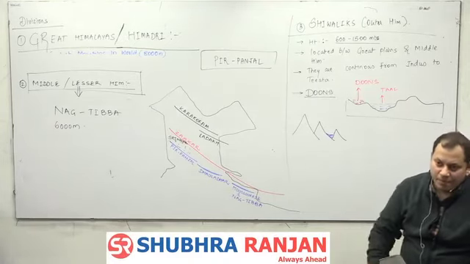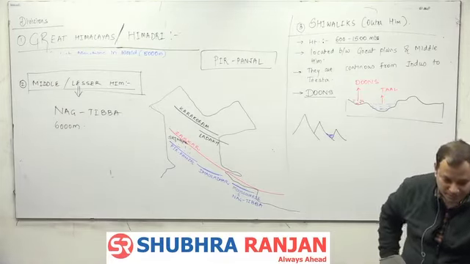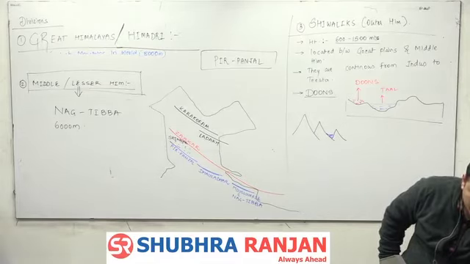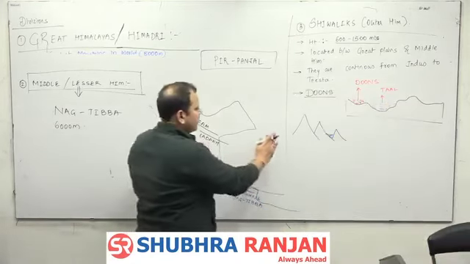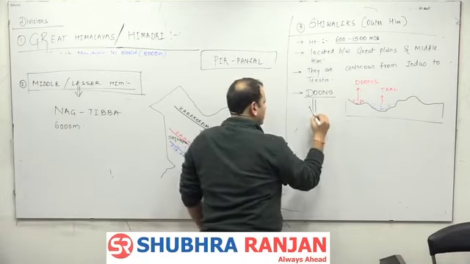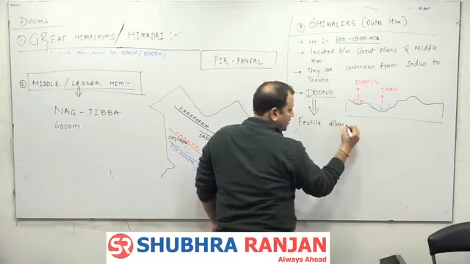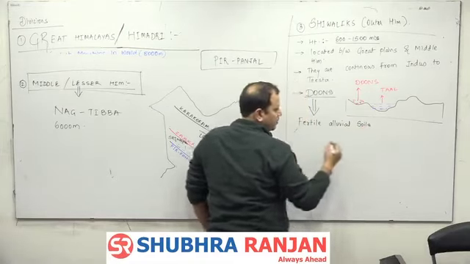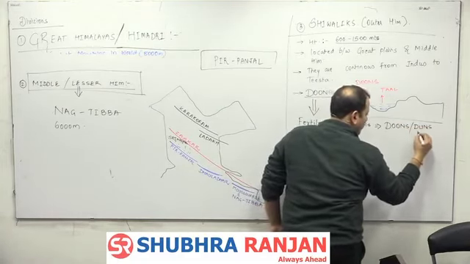Over the period of time, the rivers could cut through the Shivaliks, and therefore water drained away, leaving behind fertile alluvial, not fluvio-glacial, directly alluvial soils known as dunes in the western part of India.